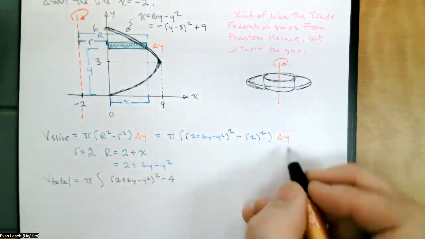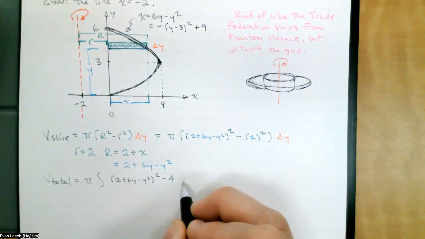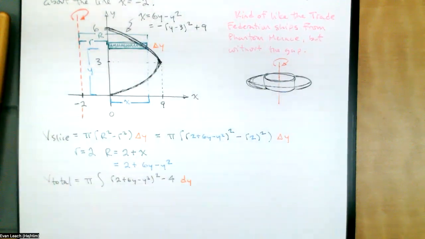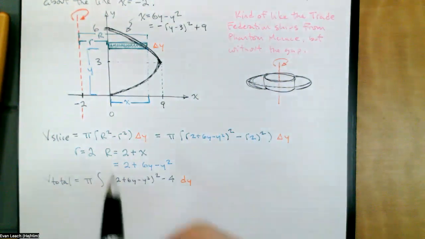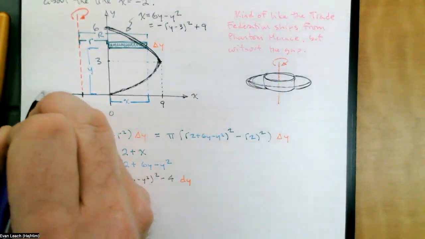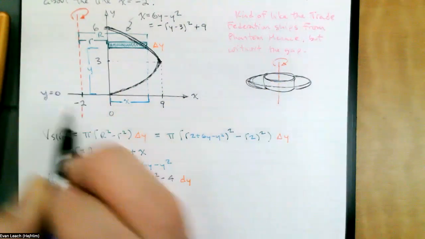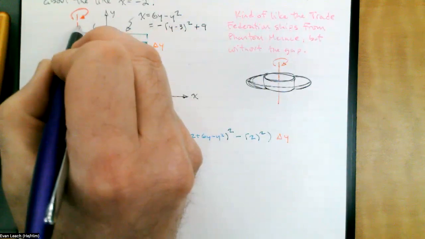Our discrete delta y should become the continuous dy. Now we need to integrate over all the values of y that are in play. The lowest value of y that we'll see in this region is 0, and the highest value of y that we'll see is 6.